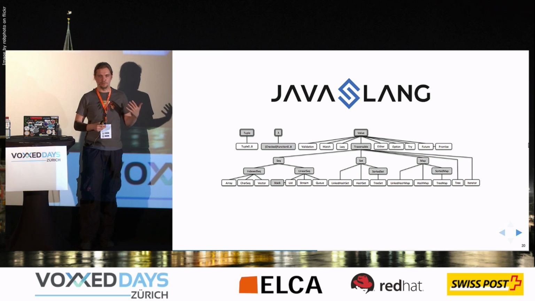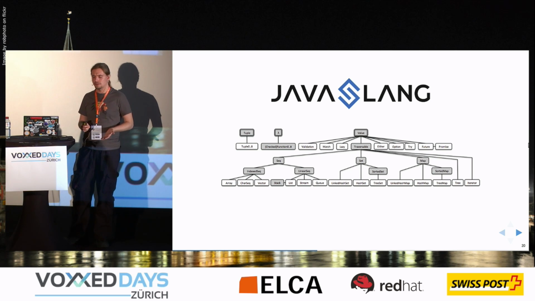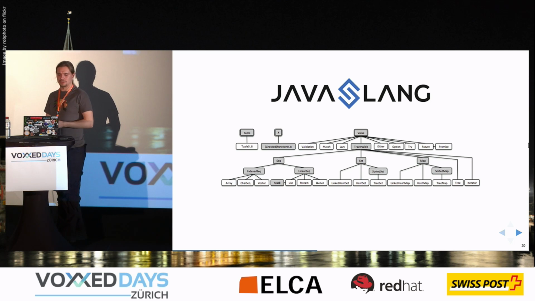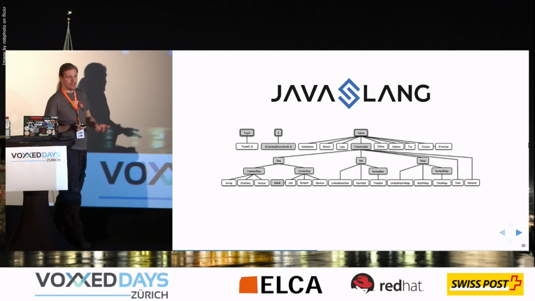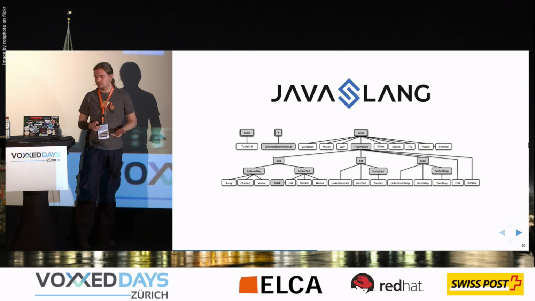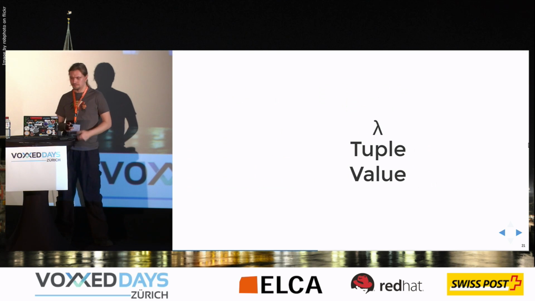This is fully persistent and immutable. So if you went to Oleg's talk now, you know what it means. Also, we finally got tuples, and a new set of functional interfaces that are, well, on steroids in comparison to what we got in Java 8.